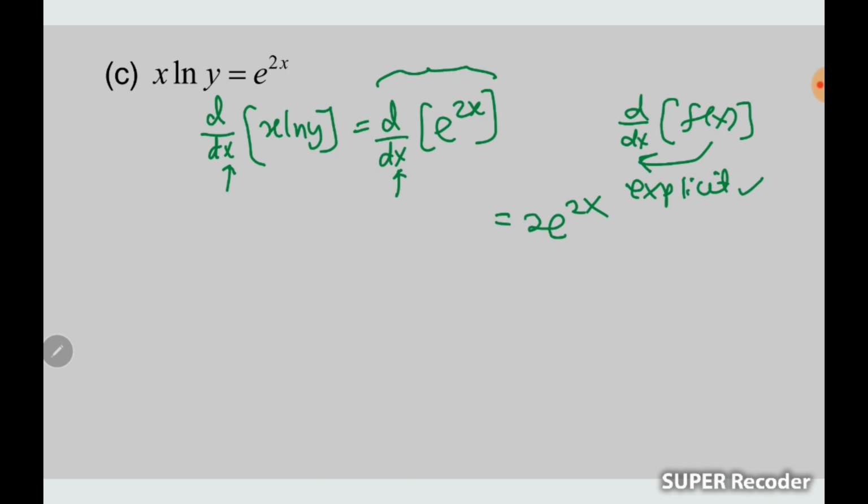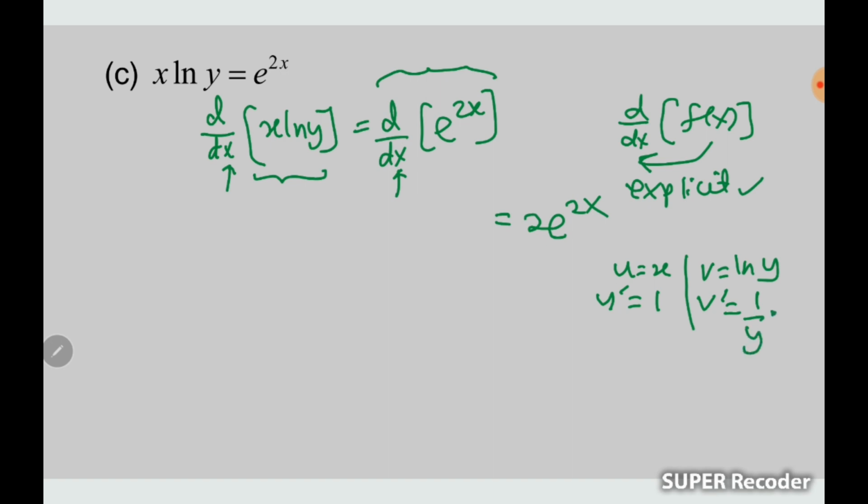Whereas on your left side, you have to use the product rule, where u is equal to x, and v is equal to ln y. u prime is the derivative of x. For v prime, differentiate ln y with respect to x, so the answer is 1 over y.